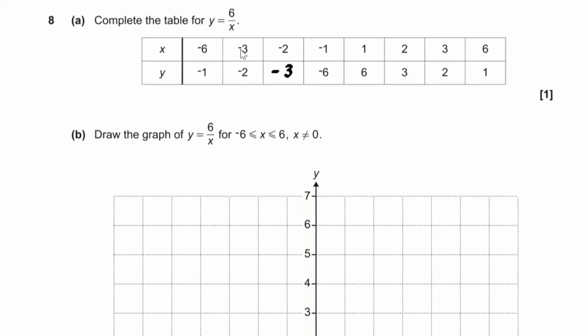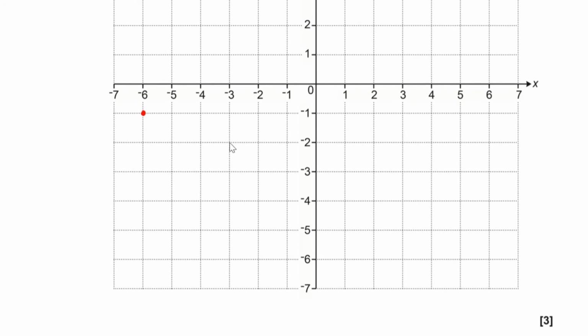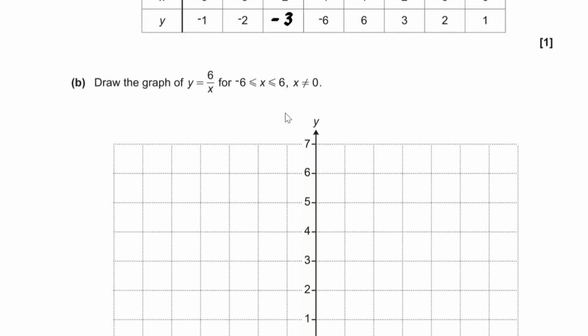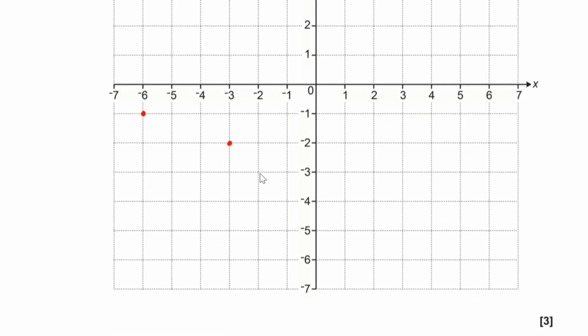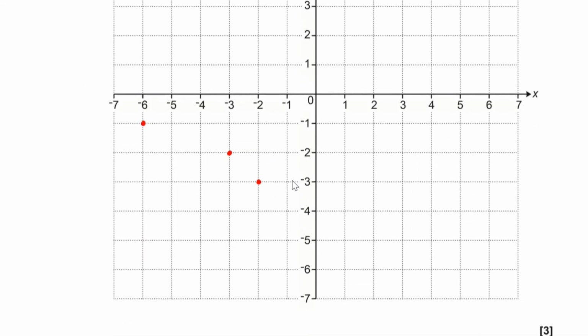Then we have negative 3, negative 2. Then we have negative 2, negative 3. Then we have negative 1, negative 6.